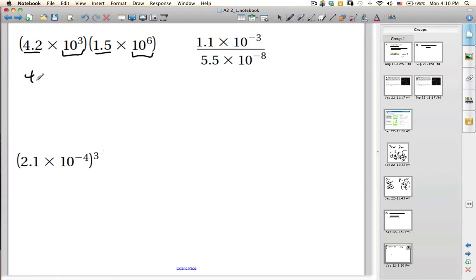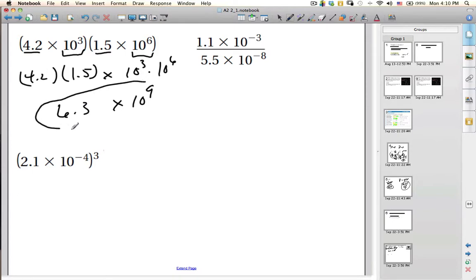So what I can do here is 4.2 times 1.5, and that's going to be times 10 to the third times 10 to the sixth. So I know that this is all going to be times 10 to the ninth power. And now all I'm doing is multiplying 4.2 times 1.5, and that's going to equal 6.3 times 10 to the ninth power.